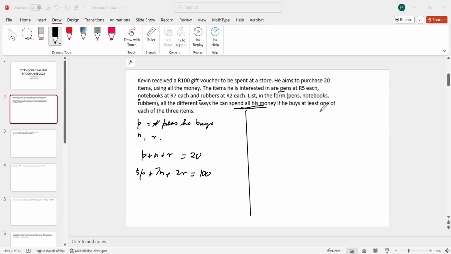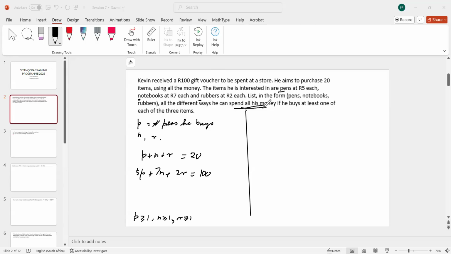Okay, and he buys at least one of each of these three items, which means that each of these numbers is greater or equal to 1. So P is greater or equal to 1, N is greater or equal to 1, because he buys at least one of each item.